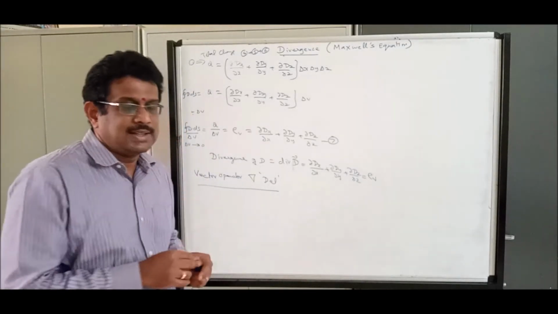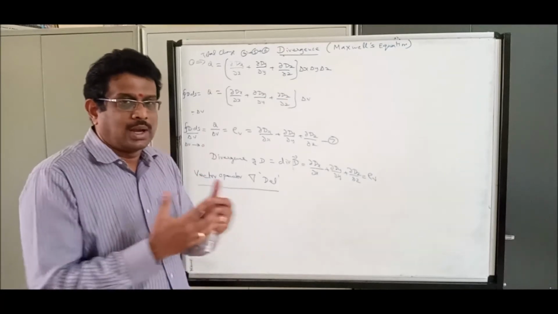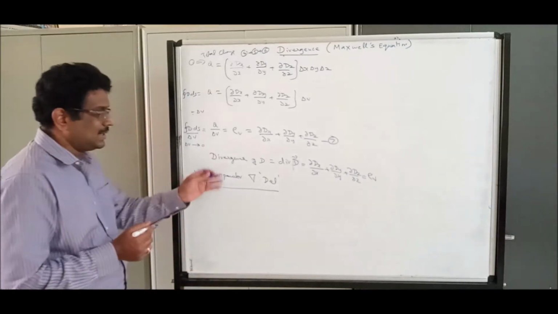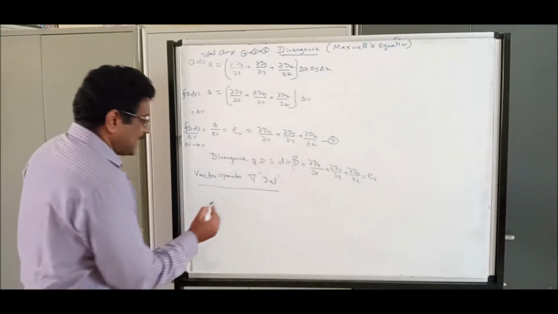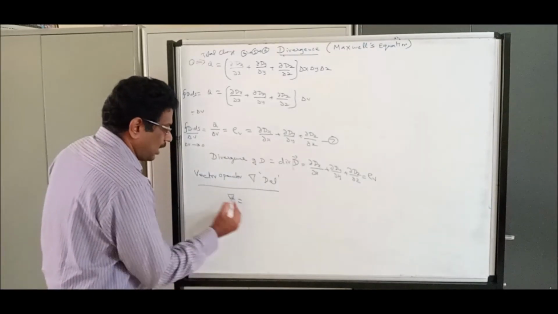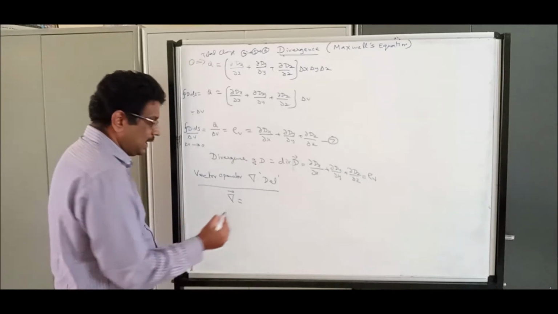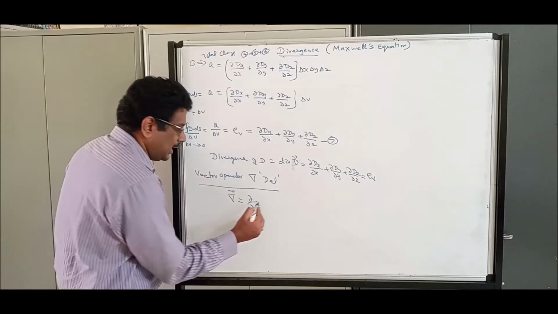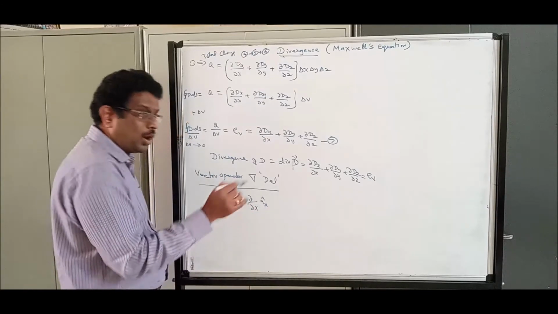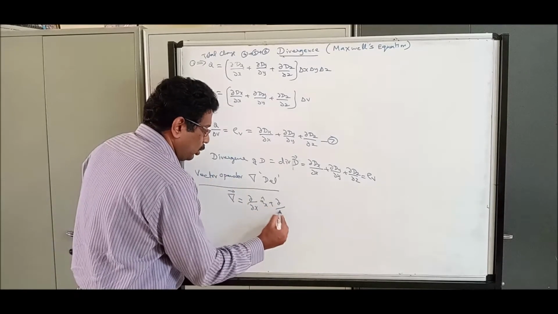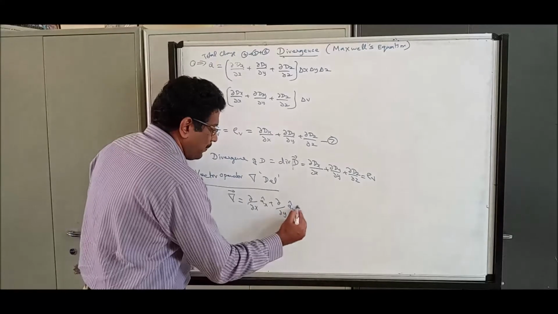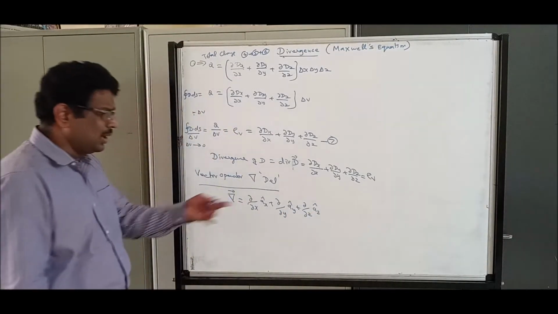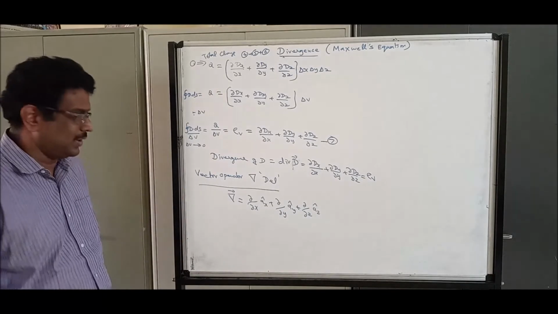And as del is a vector operator, it is a vector. Variation of a quantity, I haven't mentioned the quantity, with respect to direction, coordinate system: dou by dou x ax cap, dou by dou y ay cap, dou by dou z az cap. This is your del, we should know.